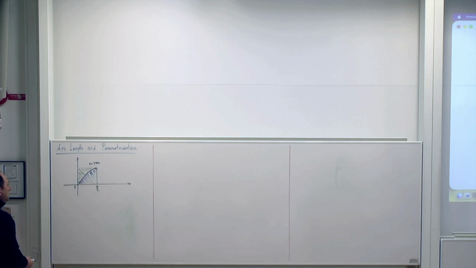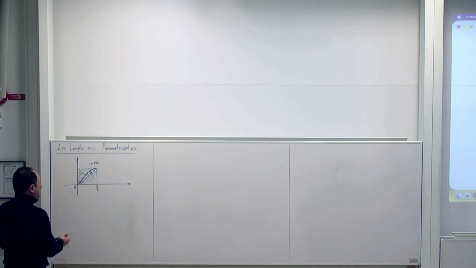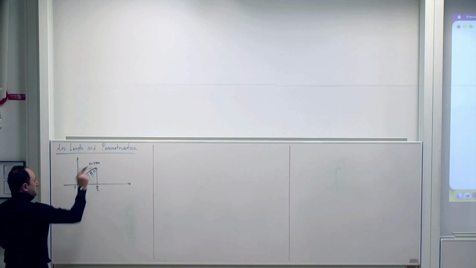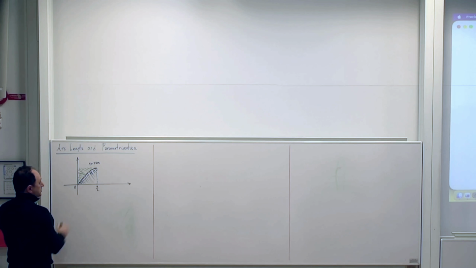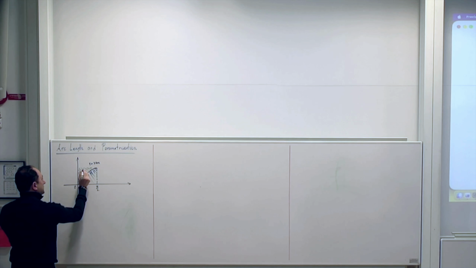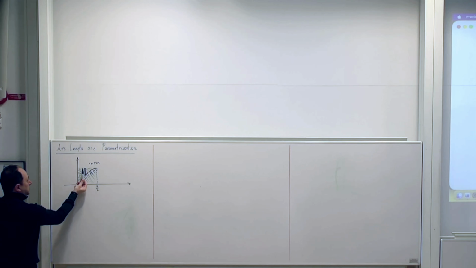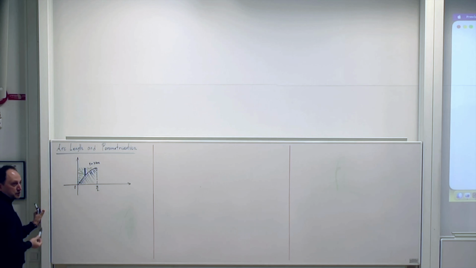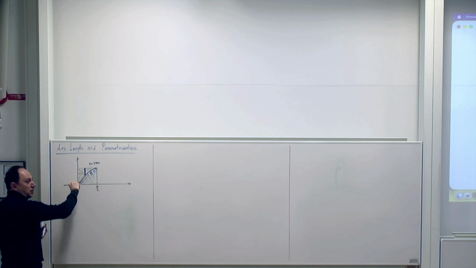So if I want to find the green one, I want to slice it in this way. I want to use a cylindrical shell, so that I just described for you. But be careful, your shell will be something like this. Your thin rectangle that you need is this. And you can imagine when I rotate it, it will generate a shell. The point is that the next shell is not of the same height.